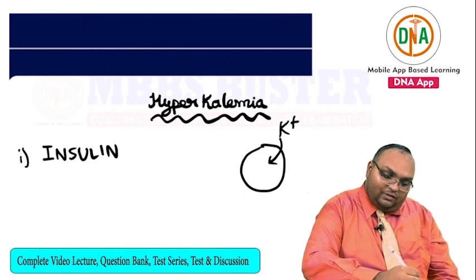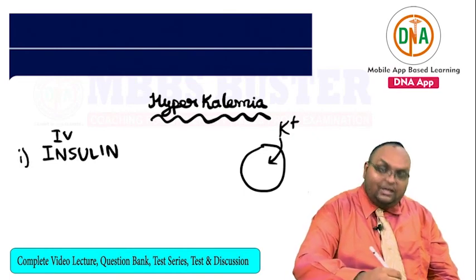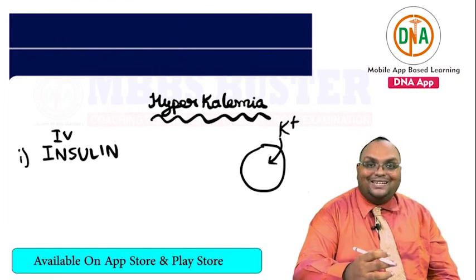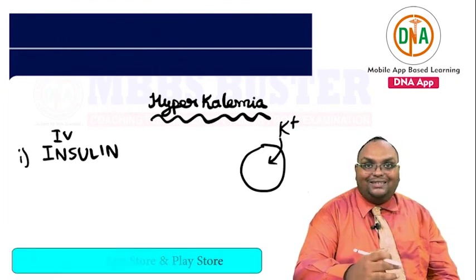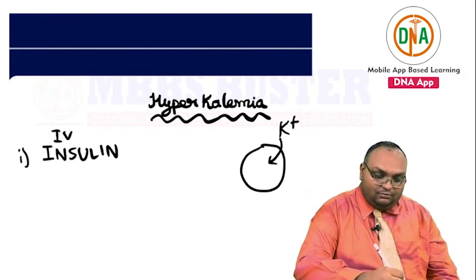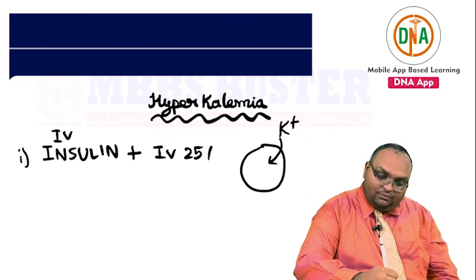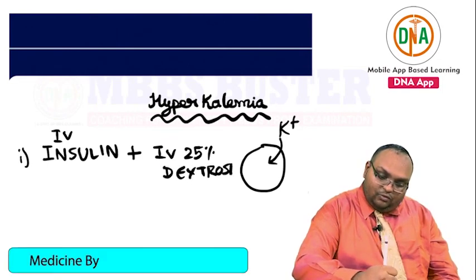So if you can give around 10 units of IV regular insulin, and since that would cause hypoglycemia, in order to combat that hypoglycemia, you can give IV 25% dextrose. So that could be one of the treatment modalities.